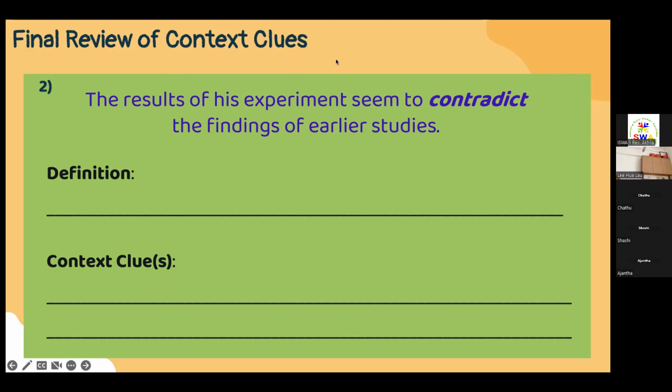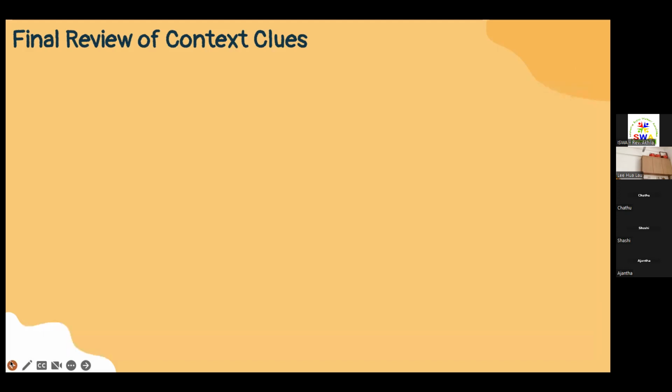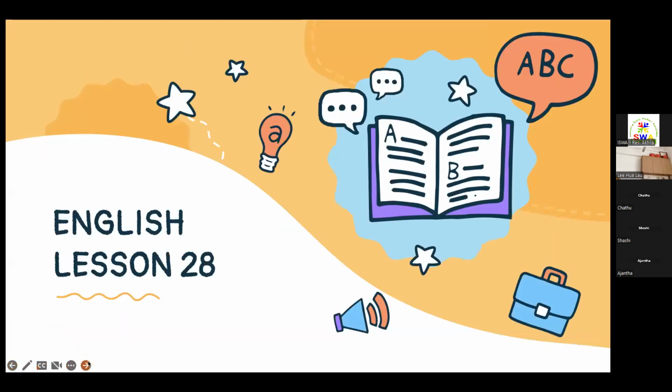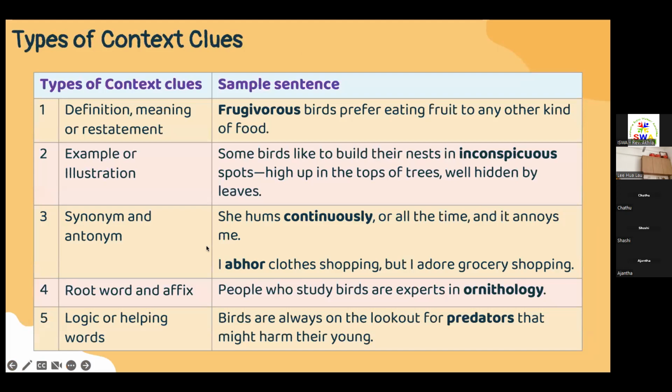Okay, let's go back to the type of context clues. We'll do a process of elimination. The results seem to contradict the findings, right?